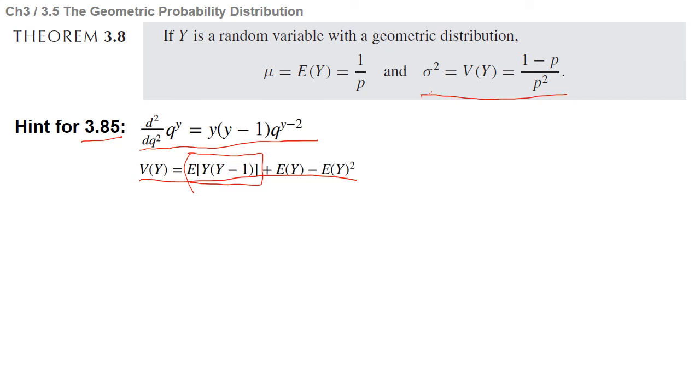By definition, it is the sum of y times y minus 1 times p q to the y minus 1, and probably you multiply q here and minus 2, and set these together as this, and with some time-consuming calculation, you will get this formula.